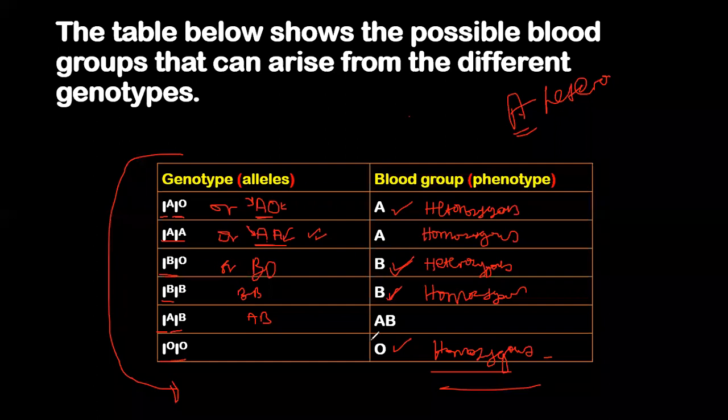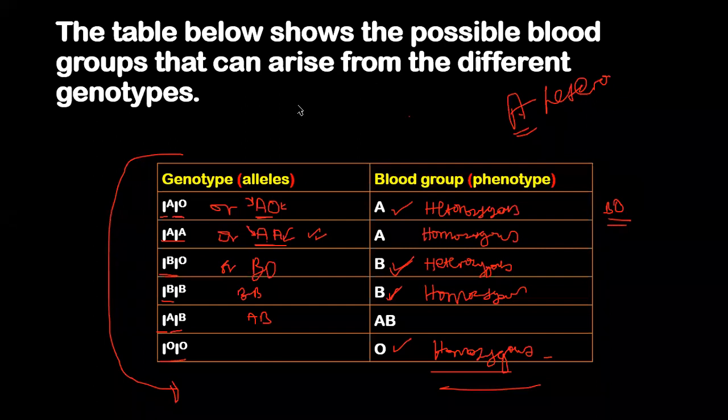But to be blood group B, you must have B and then another recessive allele. So automatically it becomes BO.